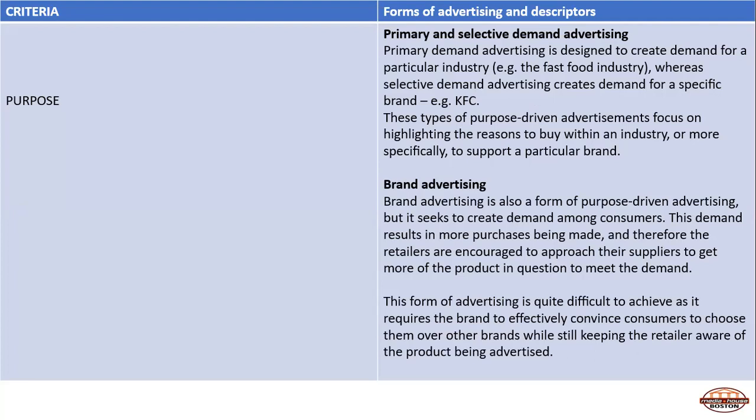For example, it can be the fast food industry, McDonald's, KFC, Nando's, whatever fast food industry. These types of purpose-driven advertisements focus on highlighting the reasons to buy within an industry, or more specifically, to support a particular brand.